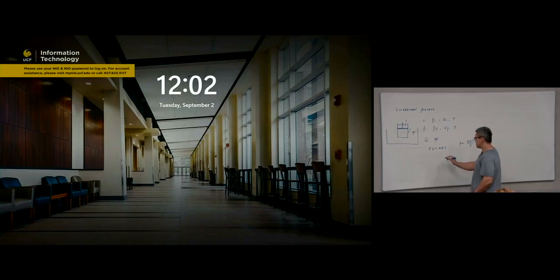And what's the definition of the small amount of work, delta W? What's the definition of it? PdV, right? And this one is nRT/V dV, correct?